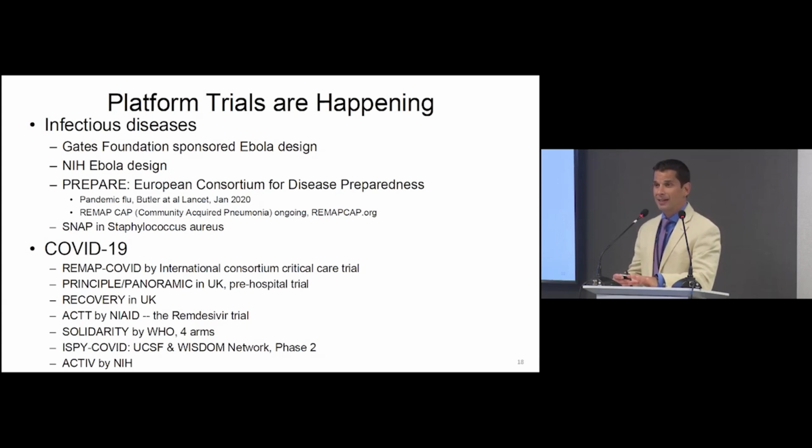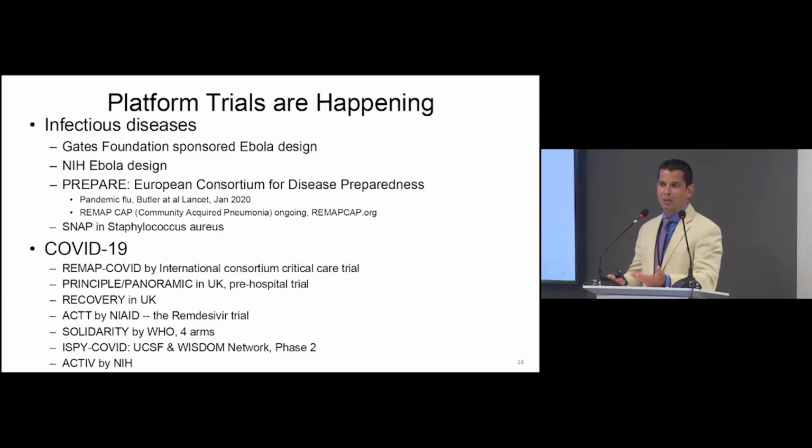And in fact, I think COVID was actually a great way for the scientific community to recognize the importance and the benefits of platform trials. We saw hundreds of trials, for example, in hydroxychloroquine. So many small trials that didn't amount to anything, no conclusions, because they just couldn't enroll, they couldn't recruit.